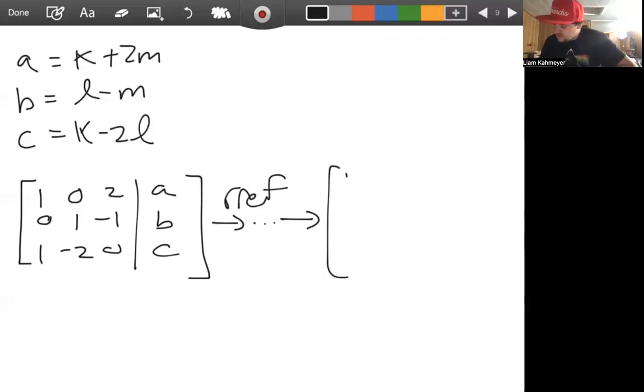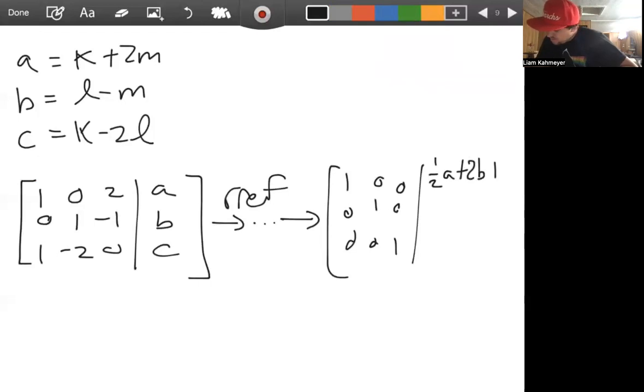And what you get is the identity matrix, and then 1/2 a plus 2b plus 1/2 c. And then we have 1/4 a minus 1/4 c.